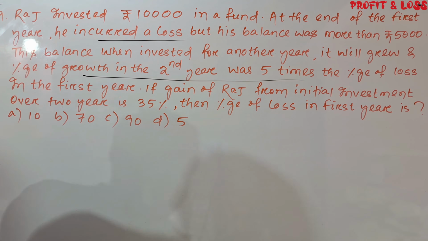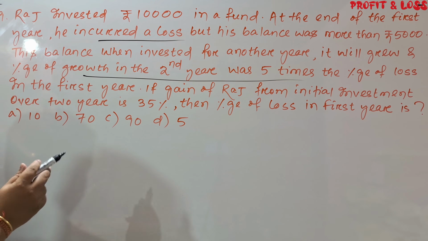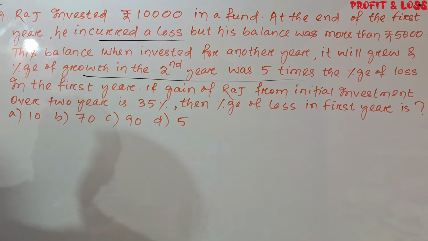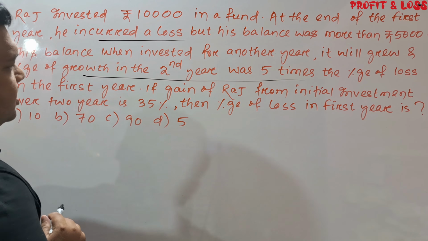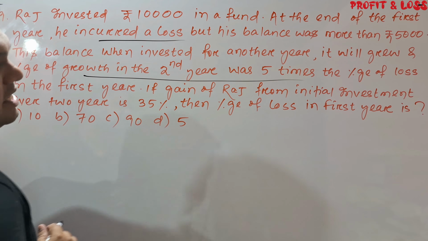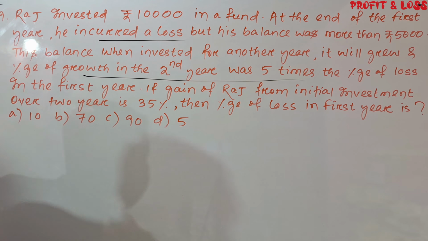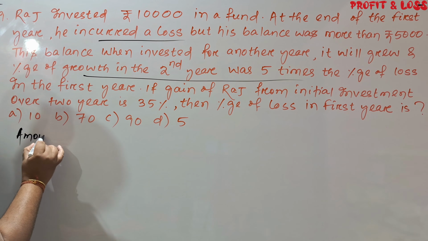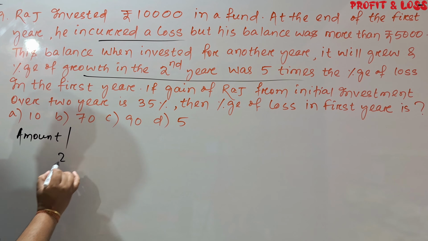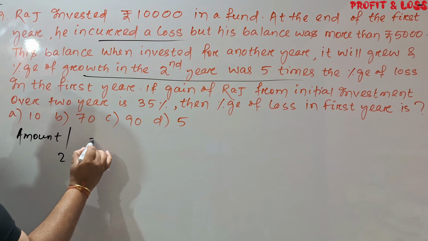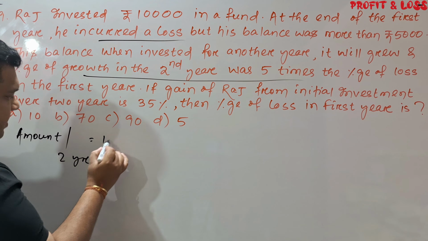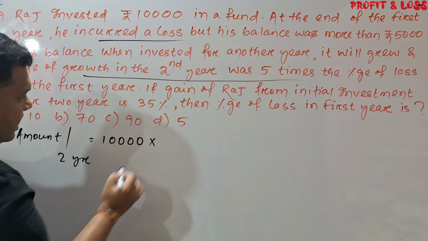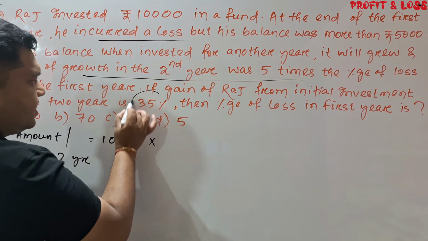Then 5x, okay, you can write. If gain of Raj from initial investment over 2-year period is 35%, then what is the percentage of loss in the first year? Okay. So here, amount at the end of 2 years, can I write in this way? Initial investment is 10,000 and after 2 years profit is 35%.